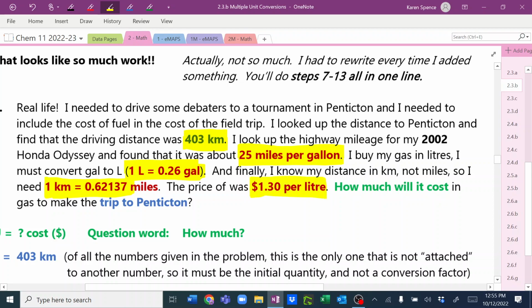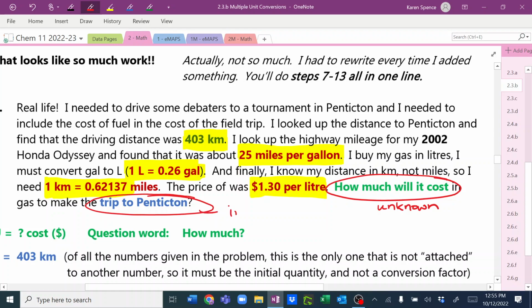Okay. How much will it cost to make the trip to Penticton? So, how much will it cost? That's going to be our unknown. The thing that is connected to that is the trip to Penticton.